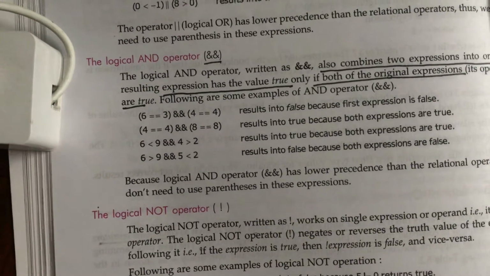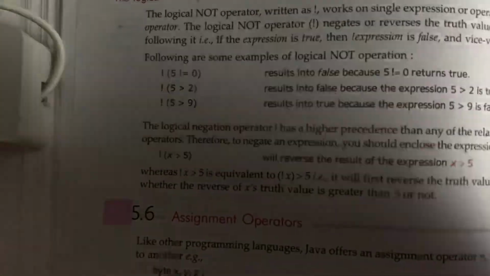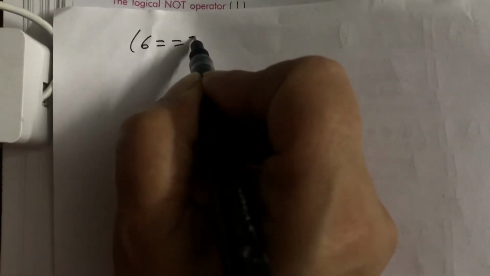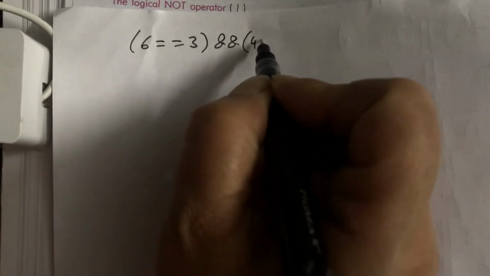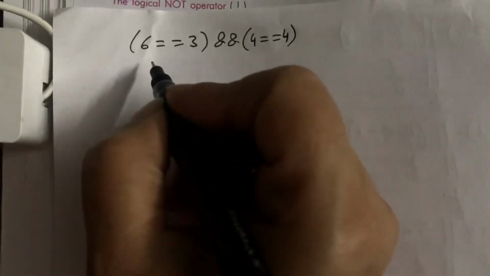So we can write this. If we want to check it, we can write it. We have been given 4 examples here. 6 double equal to 3 ampersand 4 double equal to 4.